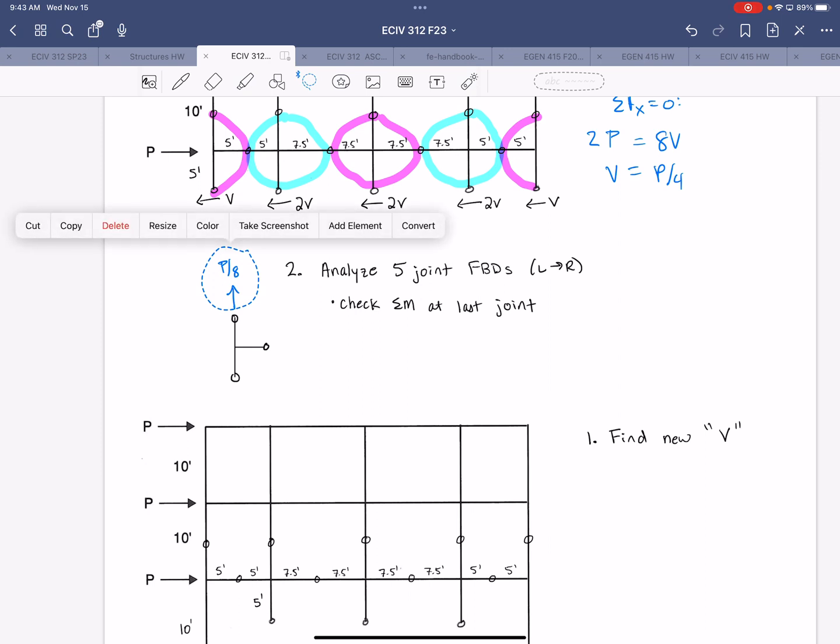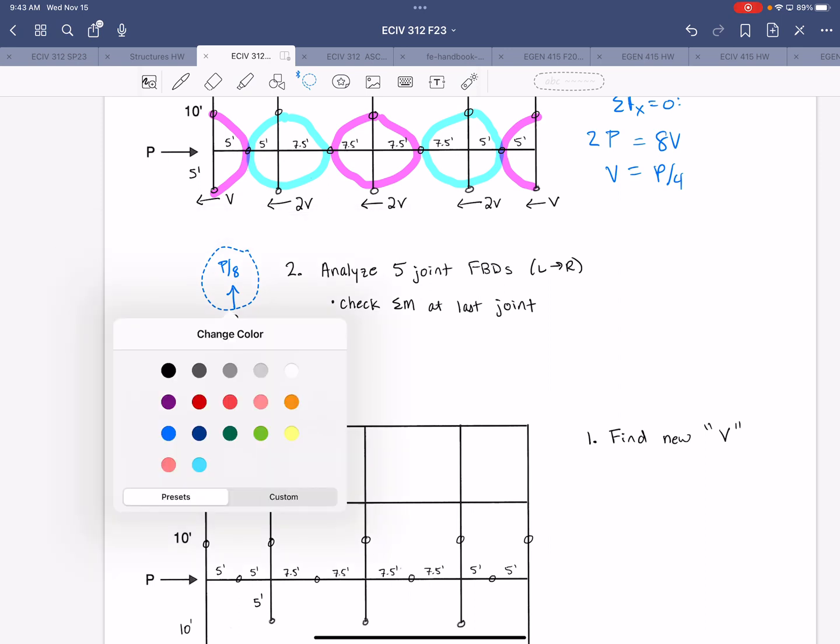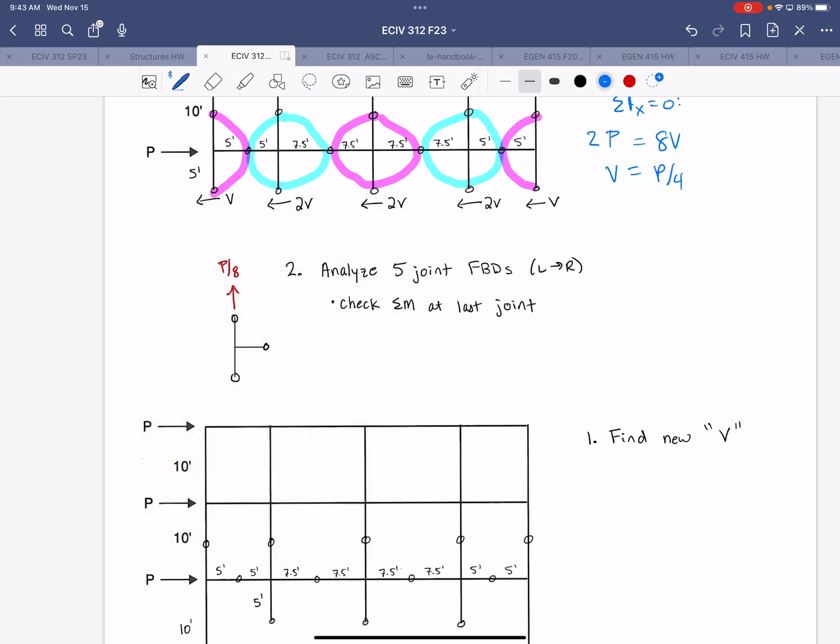I'm going to write this, let's see, I'll make that red, and then our shear too, right? We know the shear in the top level columns, at the exterior column, was P over 8, but now it's acting in the opposite direction, right?